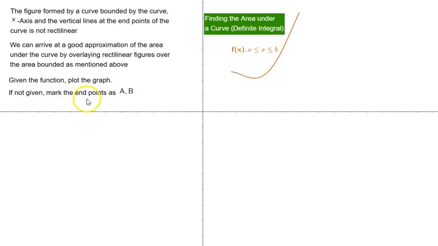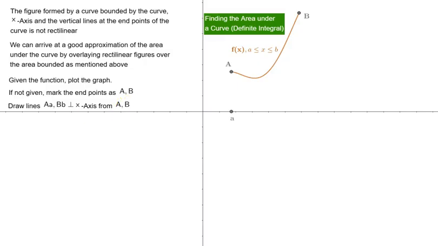If not given, mark the endpoints as a and b. Draw lines perpendicular to the x-axis from a and b.